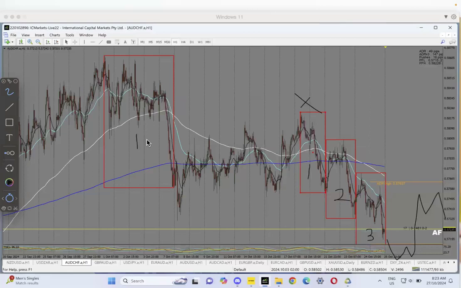You want to see a further push to the downside, a peak formation, a pullback either to the 50 or to the 200, whichever it is, and then a continuation to the downside. Does it make sense?